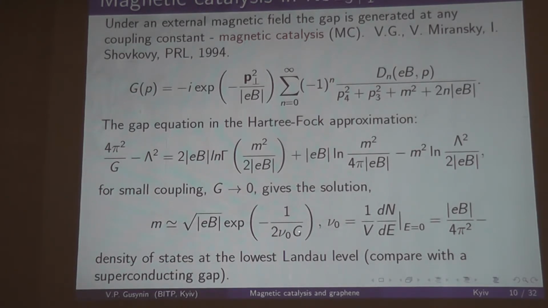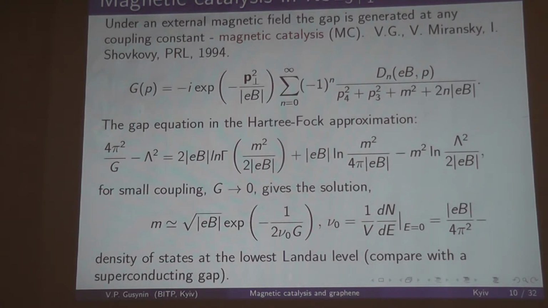What is the reason for that? The reason is that, in fact, the magnetic field modifies the density of states. So we say that at zero energy we have zero density of states.